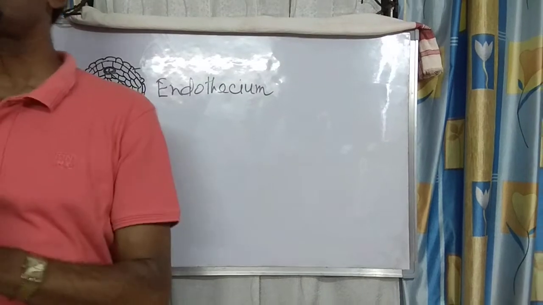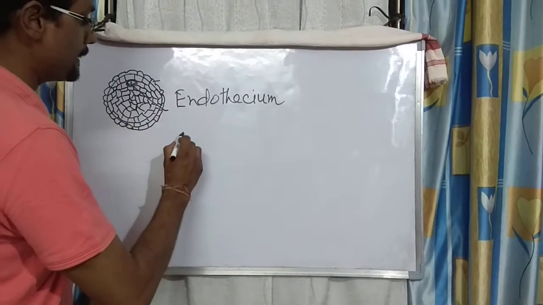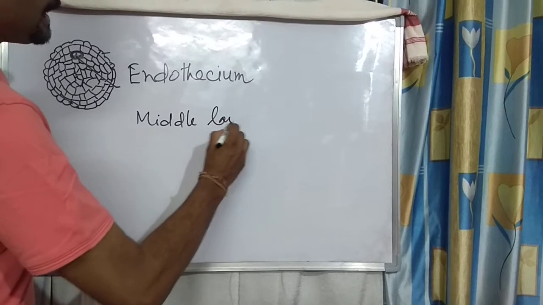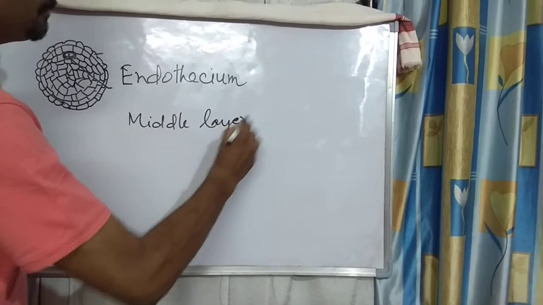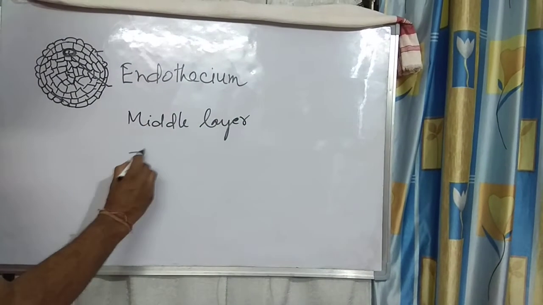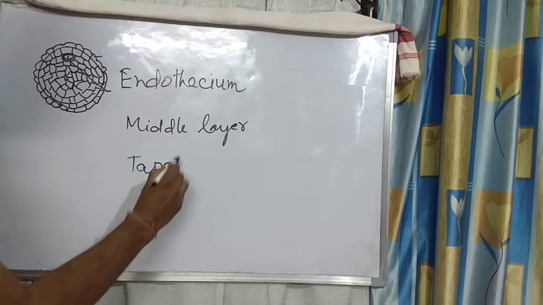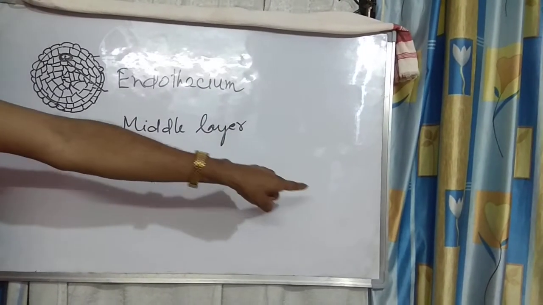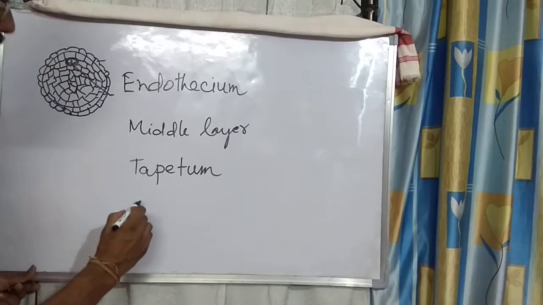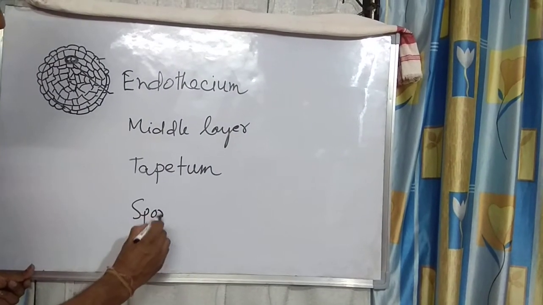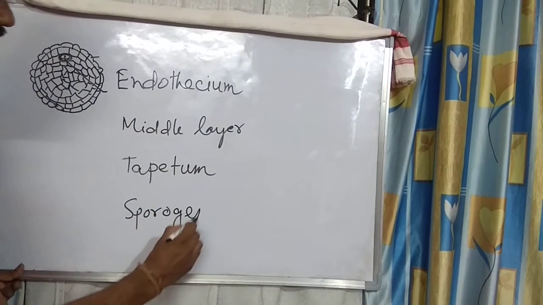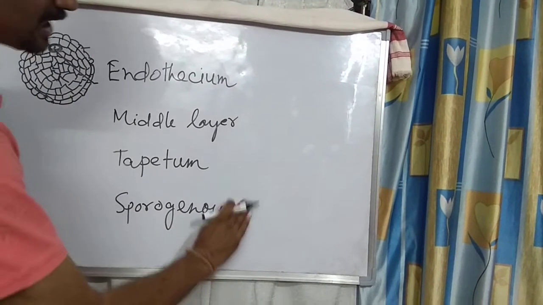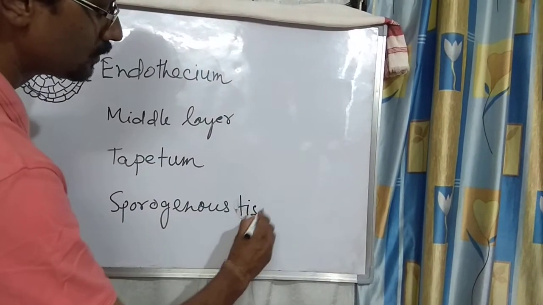Then we find the middle layer. Then we find tapetum. The primary sporogenous cell leads to the formation of sporogenous tissue.